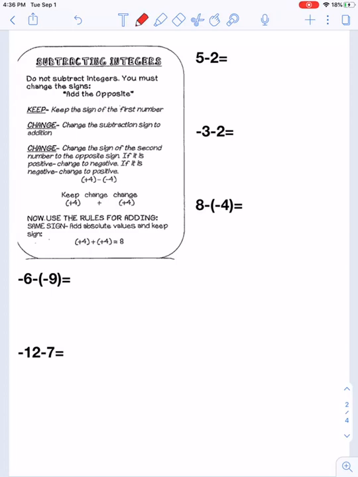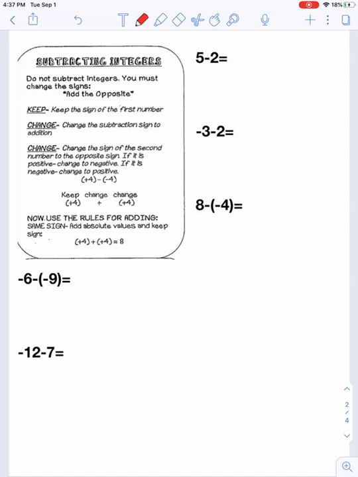So for example, we have 5 minus 2. Well, guys, I know that you guys are capable of doing 5 minus 2. We know 5 minus 2 is 3. Okay? We didn't need any rules to figure that out, but sometimes we will. So just to do our rules, the keep, change, then we have to use our adding rule. Watch how I go about this problem.